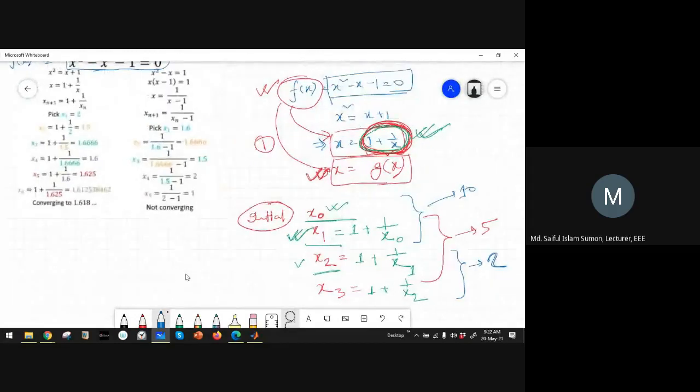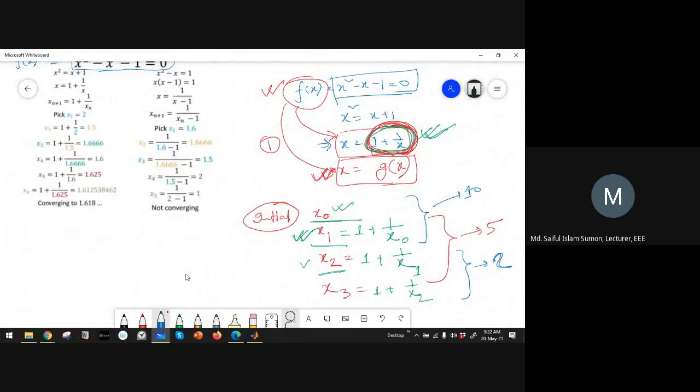Different types of errors are there, which you have learned already: approximate error, relative approximate error, all those things. Based on your desire or on the problem, it will be told that your maximum possible error, suppose the relative approximate error, is something like 0.0001.